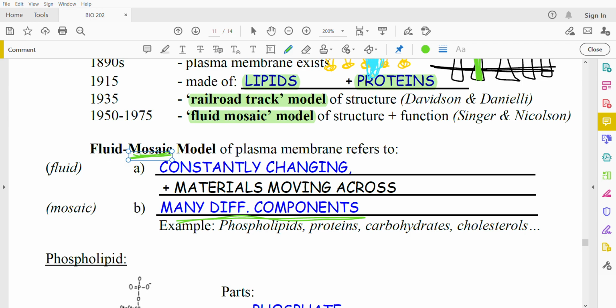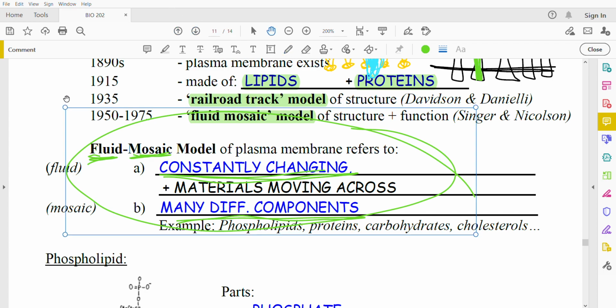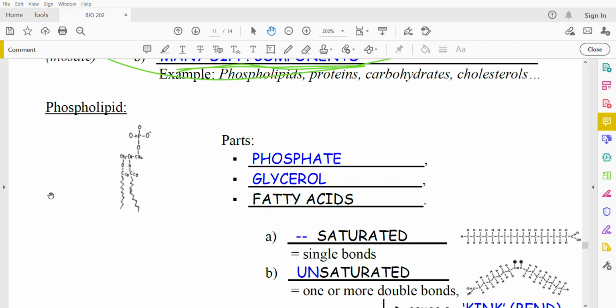I've listed some examples there, of course phospholipids and proteins, but also carbohydrates, cholesterols, and so on. And the fluid part refers to the fact that it's constantly changing, also with materials moving across. So this should be revision if you want to check that out. Be familiar with that since it keeps coming up that often.